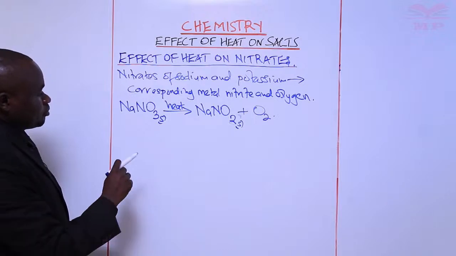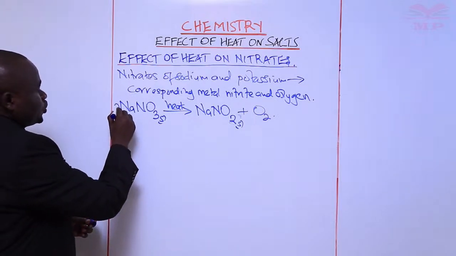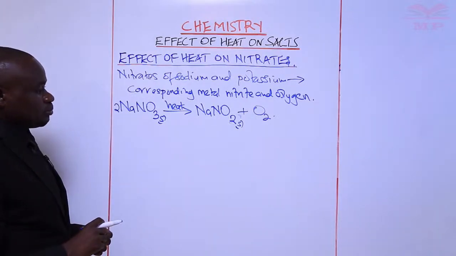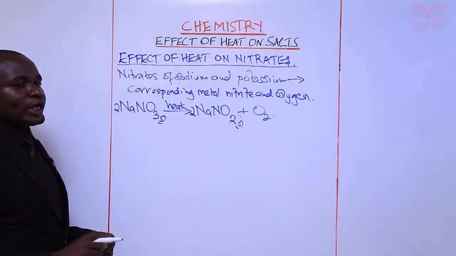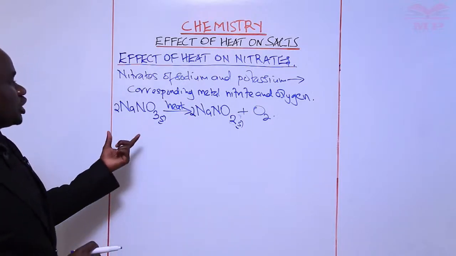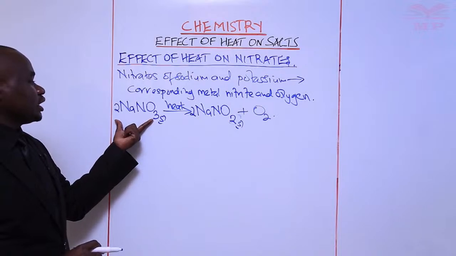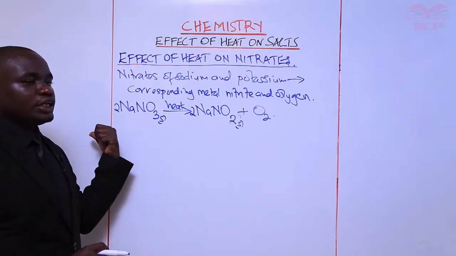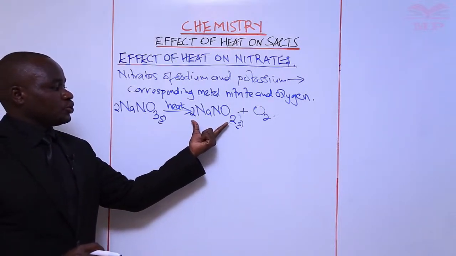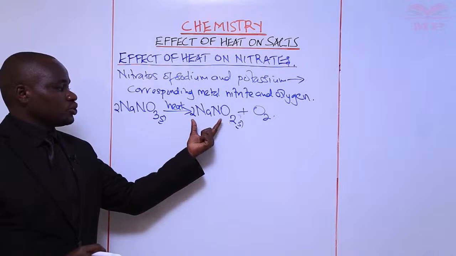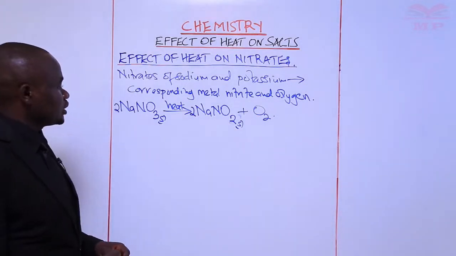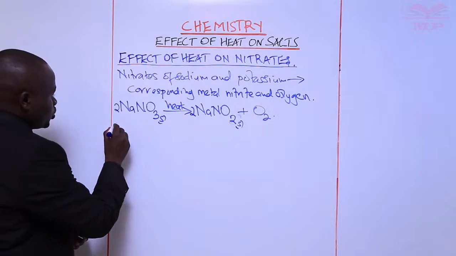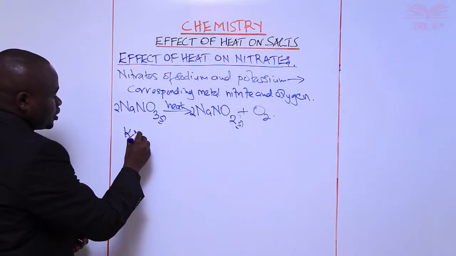So we balance by putting 2 on sodium nitrate as well as 2 on sodium nitrite. It will balance because we have 6 atoms of oxygen on the left, and on the right there will also be 6, because 2 times 2 is 4, plus 2 gives you 6.